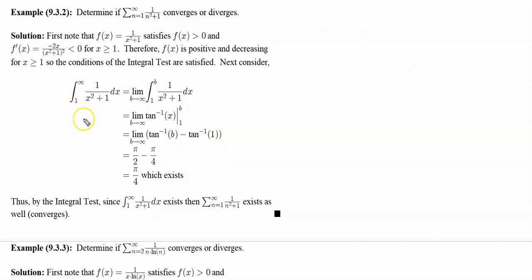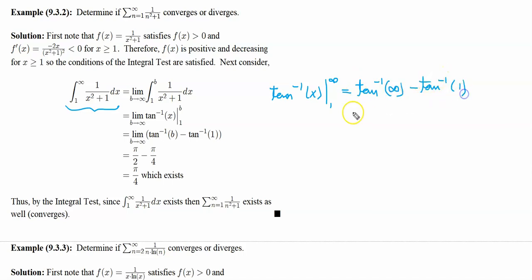And before we leave this example, let me point out just one shortcut. When you evaluate this improper integral, you could avoid using the limit as b goes to infinity as long as you understand that the arctangent of infinity should be thought of as pi over 2. So, for example, if you wanted to evaluate this, you could say that that is equal to the arctangent of x evaluated from 1 to infinity, which you could write like that.